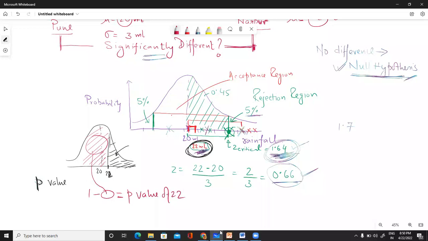So now let me ask you, if the p-value is very less, would you reject the null hypothesis or accept the null hypothesis?